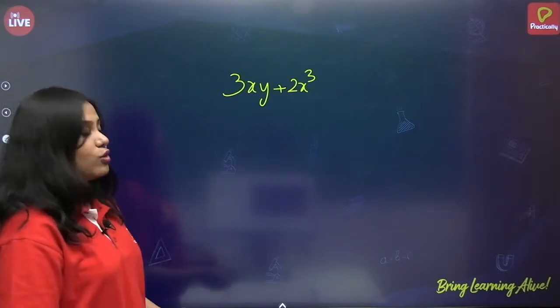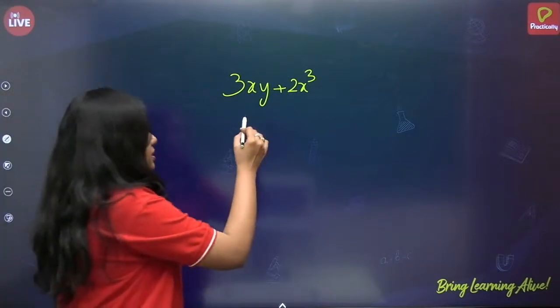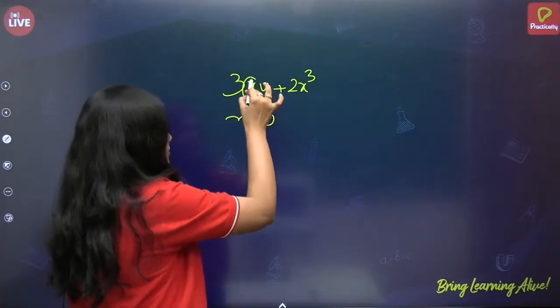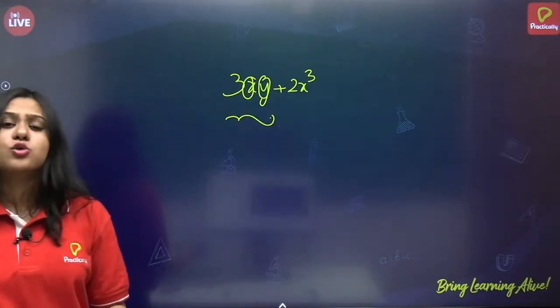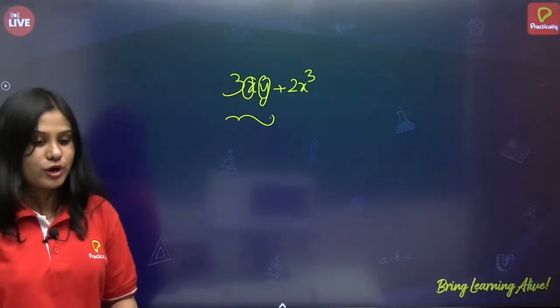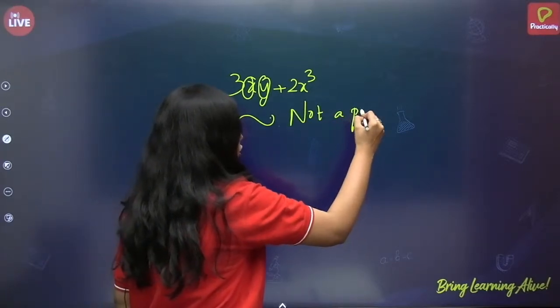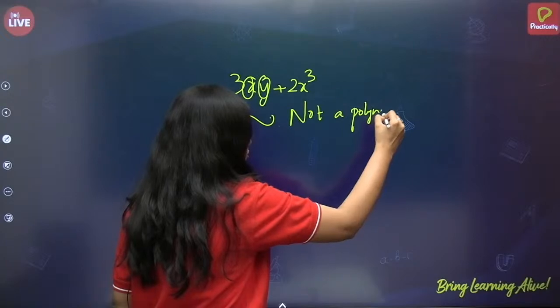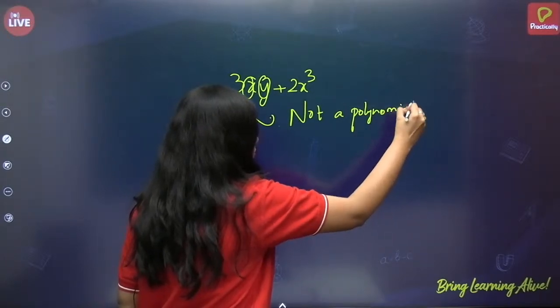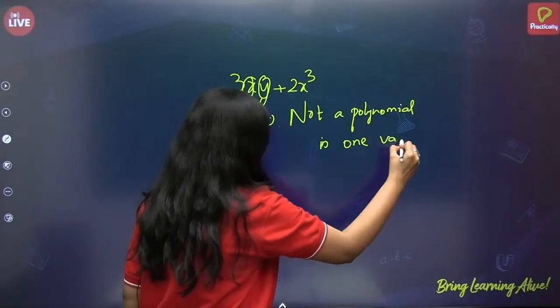So, no. It is not a polynomial in one variable because in the first term itself there are two variables. So it is not a polynomial in one variable, correct?